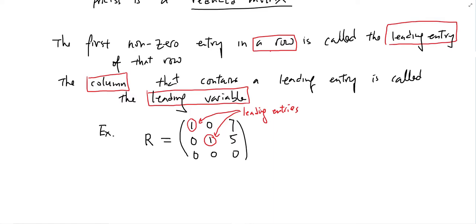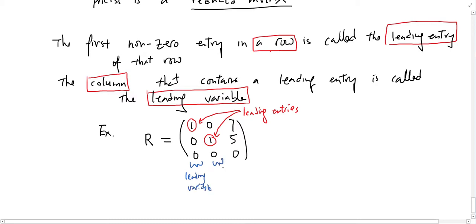Notice that the leading entry on the first row also appears in the first column. So column number 1, this column, contains a leading entry. Therefore, it is referred to as a leading variable.